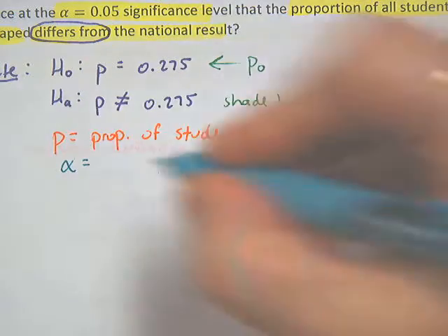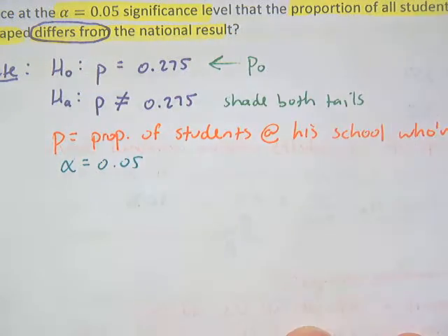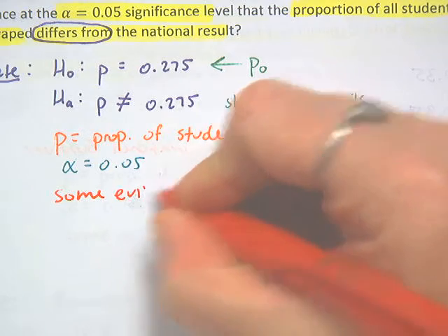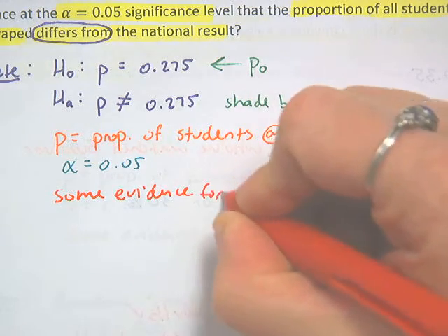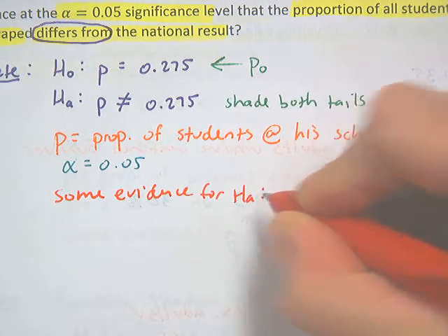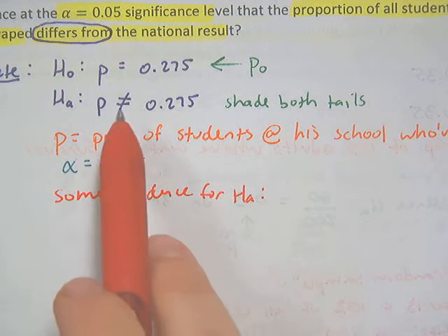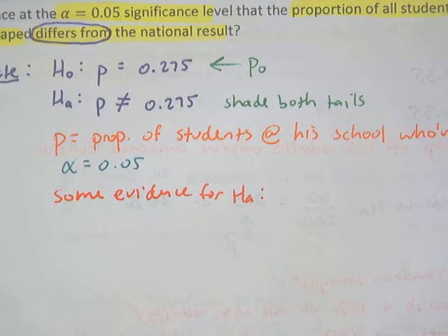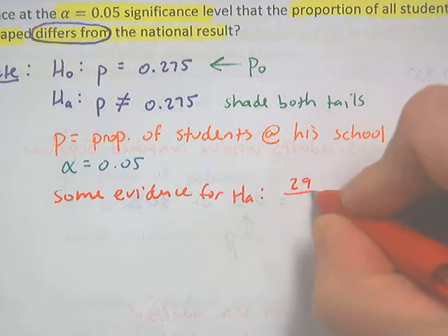Proportion, percentages. Significance level, 0.05. Some evidence that Anton has found that it is different at his school is, hopefully this was anonymous so people were honest, but he asks 150 students, 29 of them say that they've vaped before.